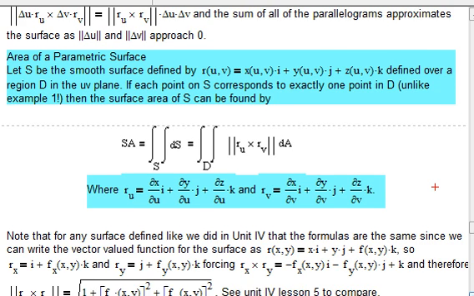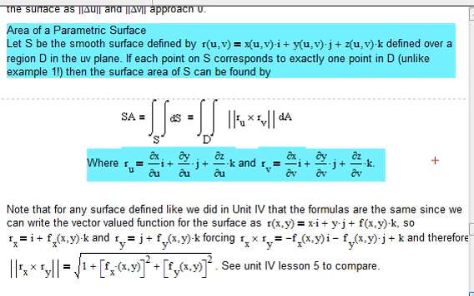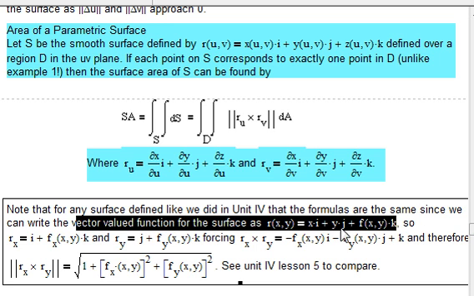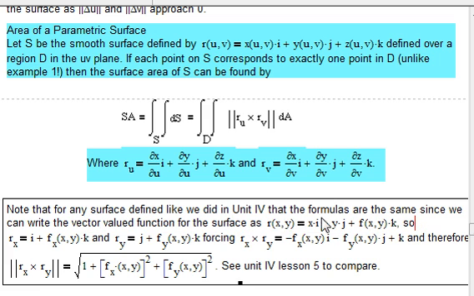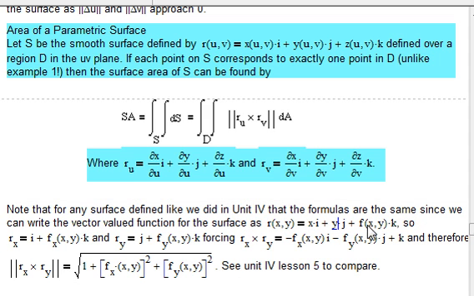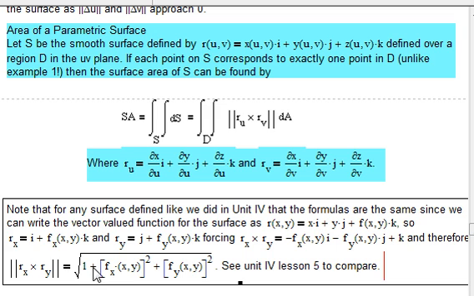So for any surface defined like we did in Unit 4, the formulas are the same, since we can write the vector valued function for the surface as this, right? x here, y here, z there. So it's the same sort of thing we did there.